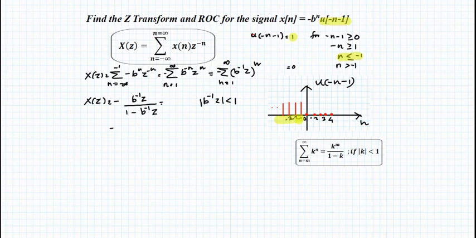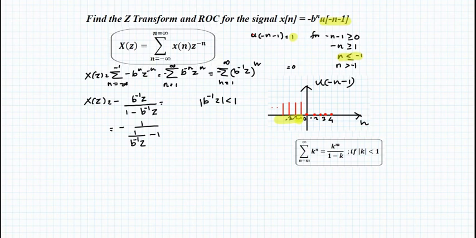And next, if you take b raised to minus 1 z as common from both numerator and denominator, you can write as minus 1 by 1 by b raised to minus 1 z minus 1.